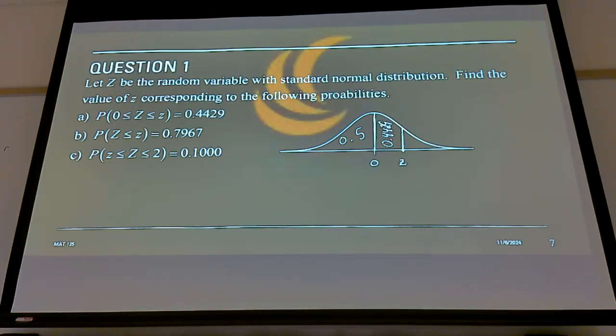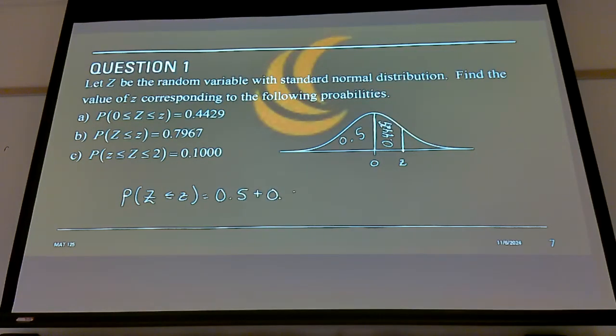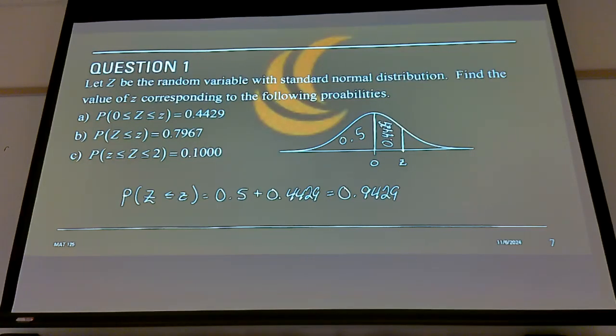0.942. That's the value of little z that we're looking for. That makes the area 0.9429, total area to the left.